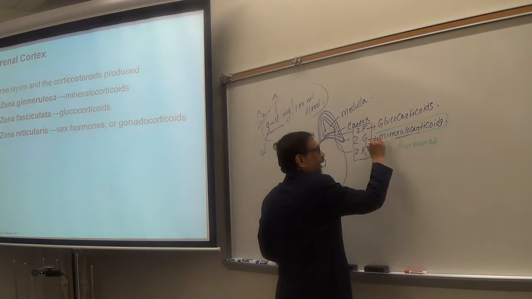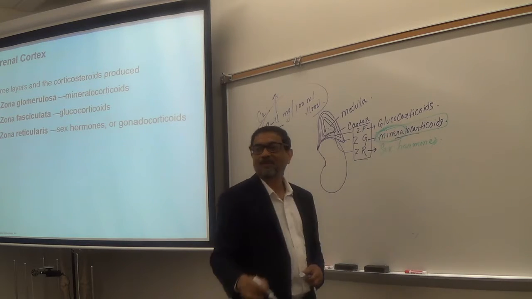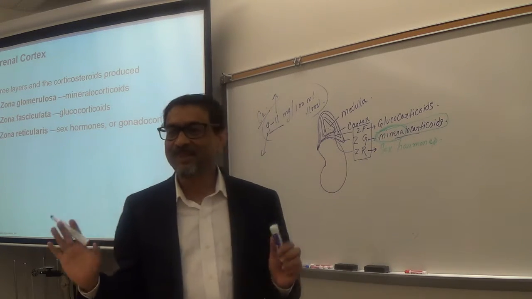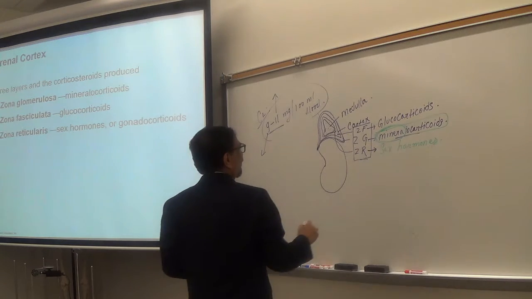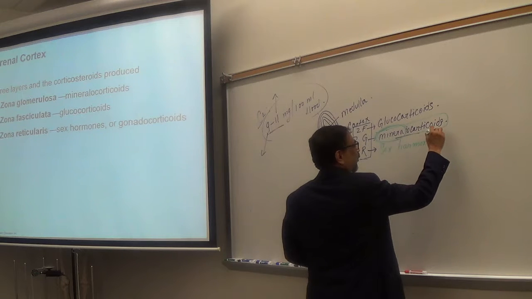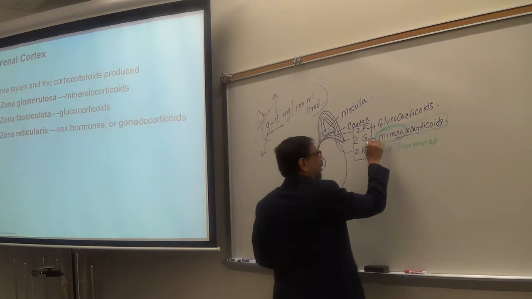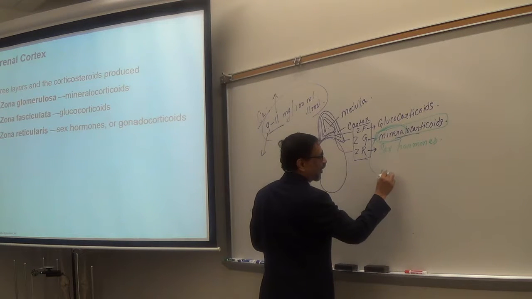Now, mineralocorticoids regulate what? Their name is telling you: minerals in the blood. Makes sense? That's why they are called mineralocorticoids. The most important mineralocorticoid, let me just write its name, is called aldosterone.